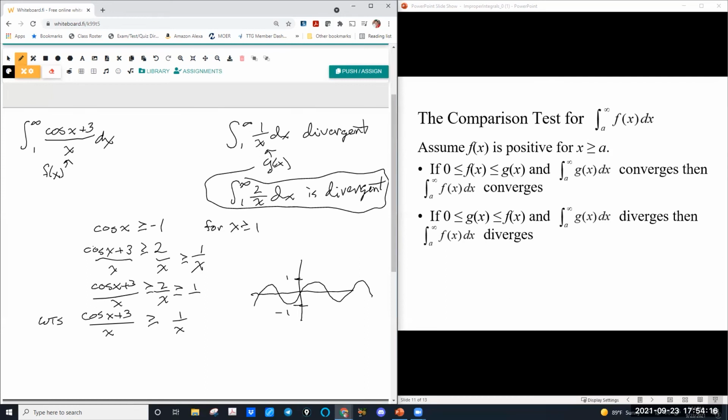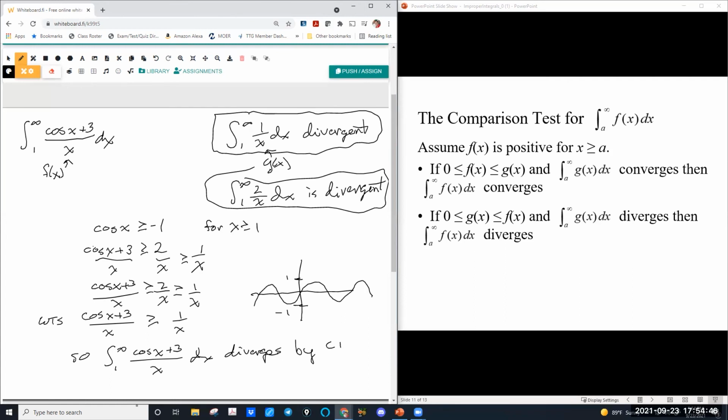Or we can say it's greater than 1 over x, because 2 over x is greater than 1 over x. So either case, we have shown that our integrand, our f, is greater than something that is divergent. So the integral from 1 to infinity of cosine of x plus 3 over x dx diverges by comparison test.